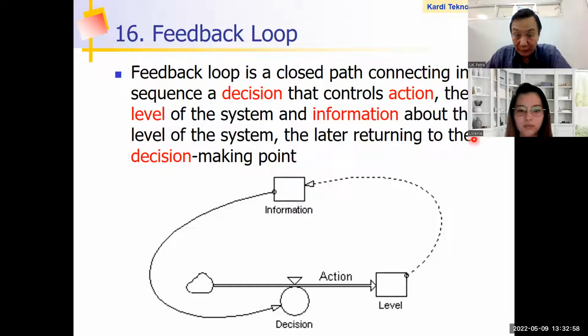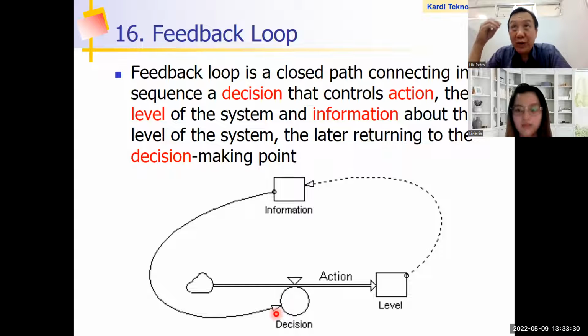That action will change the level of the system. And then that level of system will influence the information about that system. And then based on that information, you create decision.